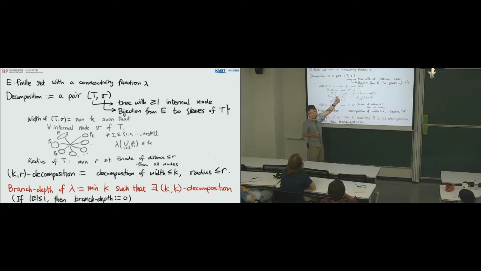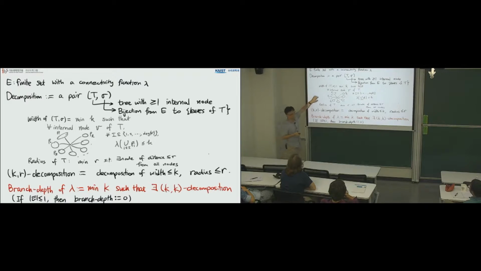When you choose edges, say P1, P2, P4, you compute the connectivity function, and that function value is at most k. And this is true for any internal node and any selection of the incident edges. Then we say that the width is at most k, and the minimum possible number k is called the width.